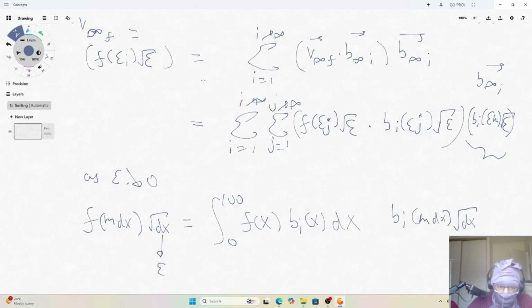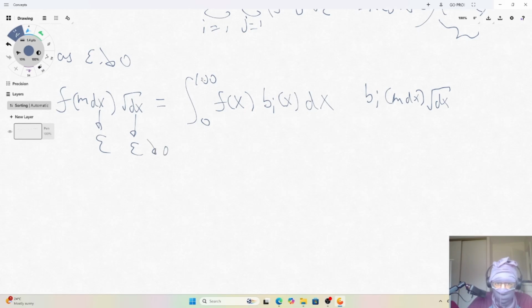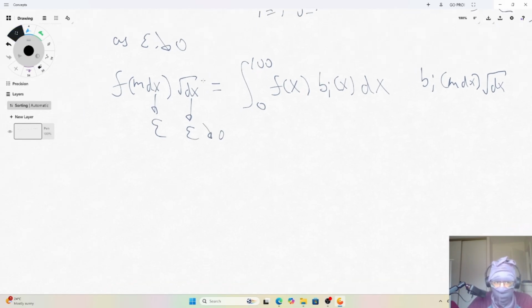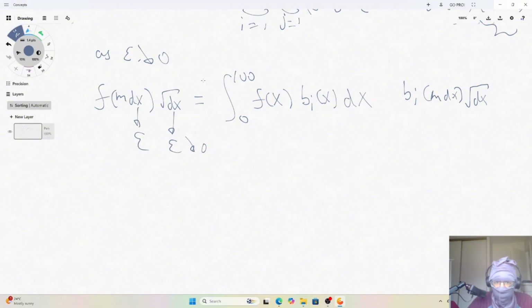This is just epsilon as epsilon tends to 0. So written out in a more functional way, in the way that we describe it in the present, it is given by this for each component.